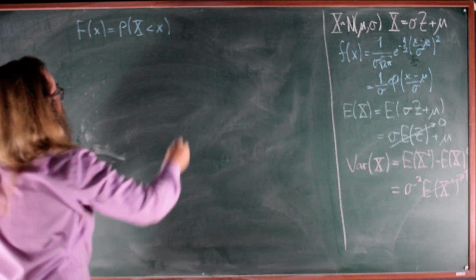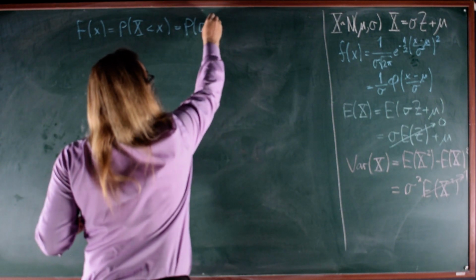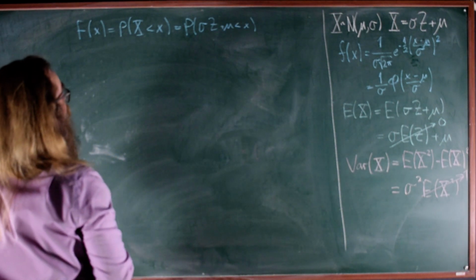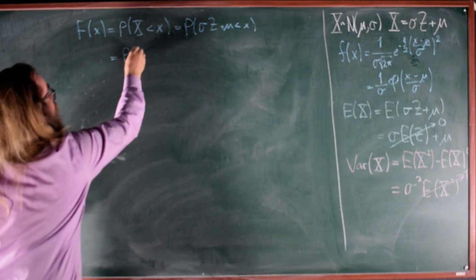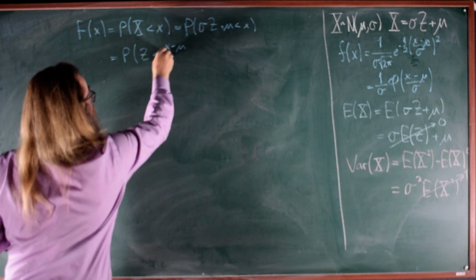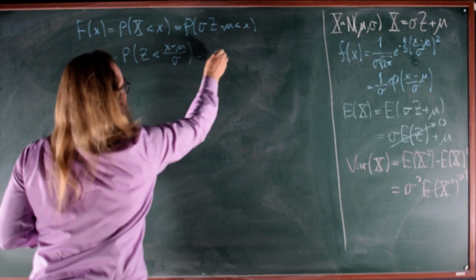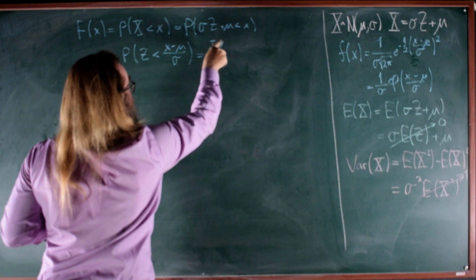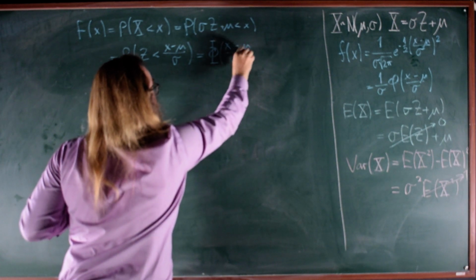Well, this is the same thing as the probability that sigma Z plus mu is less than x, which is the same as the probability that Z is less than (x minus mu) divided by sigma, which is the same as the standard normal cumulative probability function of this thing.